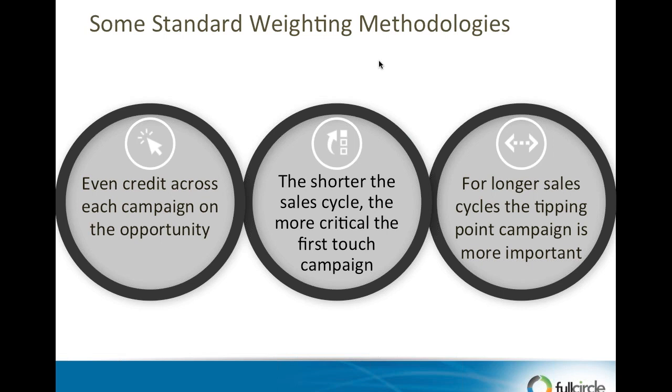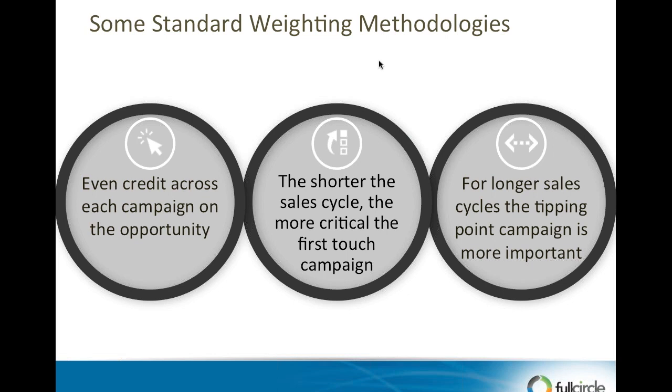Now, in many cases, a smaller, less mature business or an organization with a shorter sales cycle may be primarily focused on understanding what the source of the deal is. And therefore, they'll want to favor the first campaign touch more significantly, giving added weight to the first campaign touch.